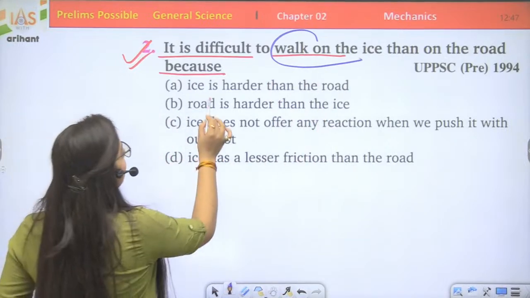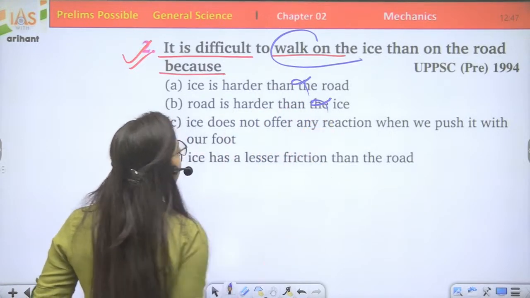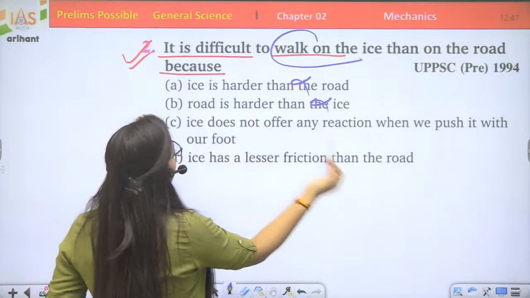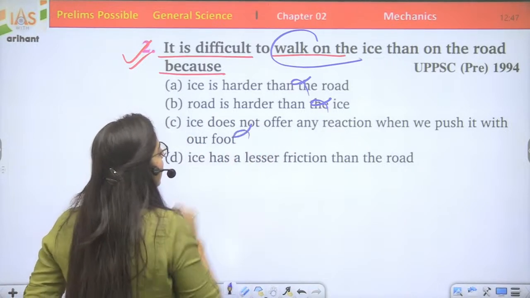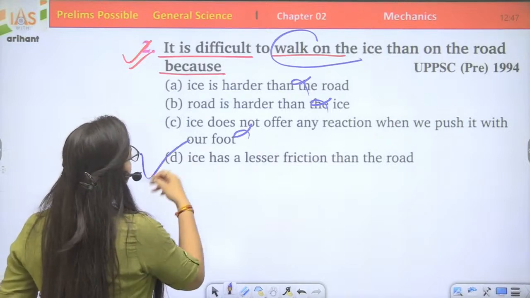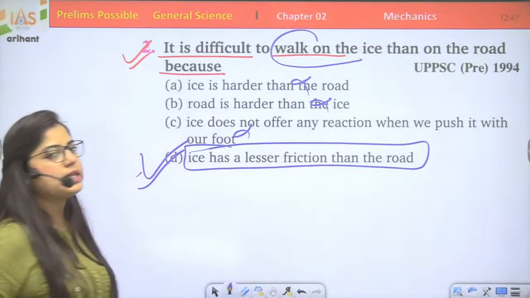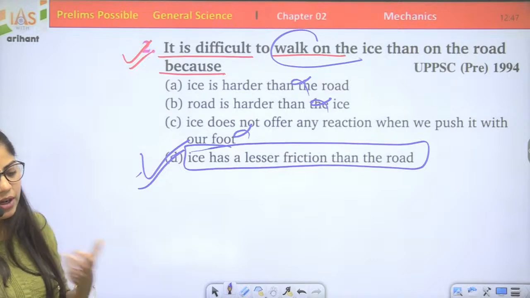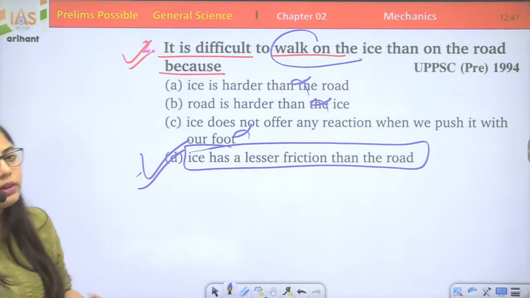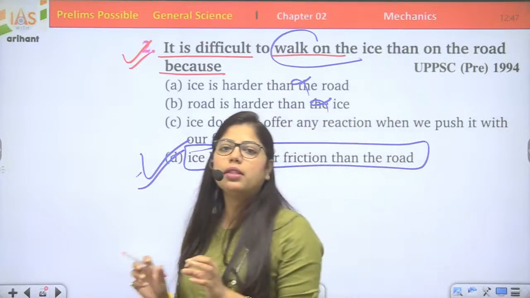Why? Because ice is harder than the road. Wrong answer. Road is harder than the ice. Wrong one. Ice does not offer any reaction when we push it with our foot. Another wrong one. Option D, ice has a lesser friction than the road. It is because of the friction force. Clear? Ice has a lesser friction than the road.